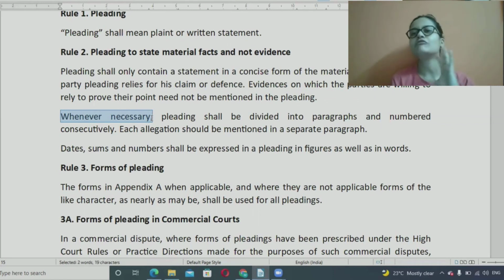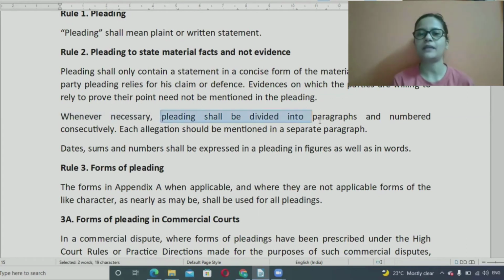It may become very confusing, and when everything is just dumped in one paper, we don't even feel like reading it. So whenever necessary, pleading shall be divided into paragraphs. Properly we should be writing it so that the party is also able to read it, understand it properly, able to differentiate between the things. And it has to be properly numbered also whenever necessary.